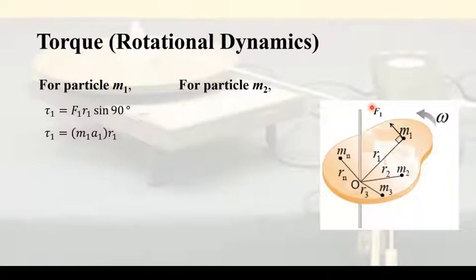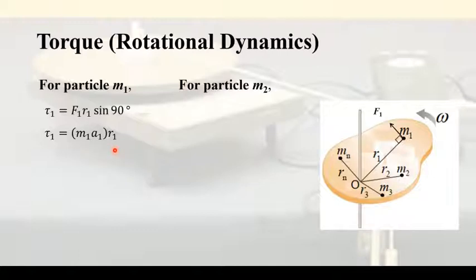Remember, linear acceleration is always perpendicular to the radius. So in this case, I can straight away substitute F with ma. So m1 a1 r1. Where is sine 90 degrees? Sine 90 degrees is gone because it is equal to 1. So I have torque 1 equals m1 a1 r1.